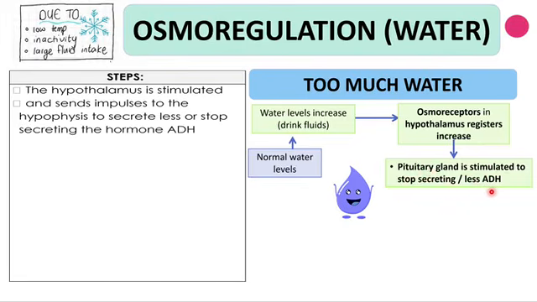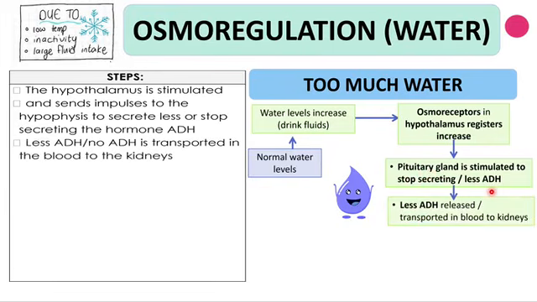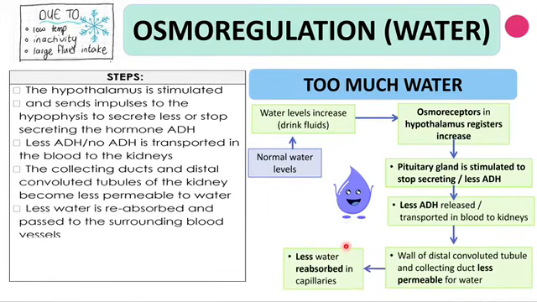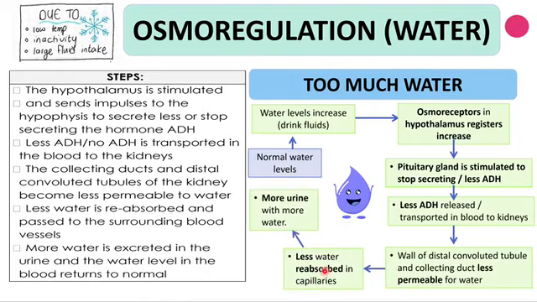ADH will then make the walls of the tubules less permeable, closing up the doors, which means less water is reabsorbed, and more water stays in the tubule, which will form urine.